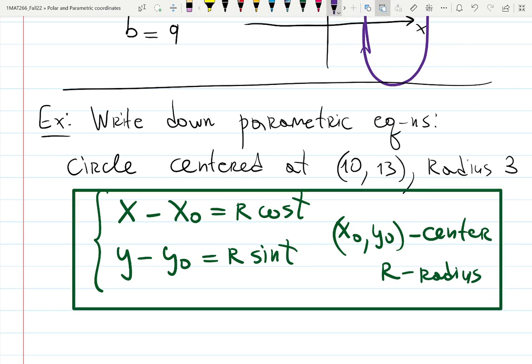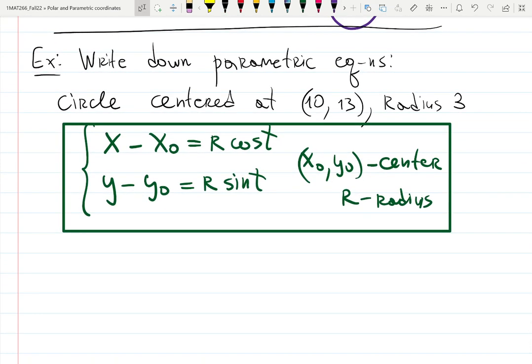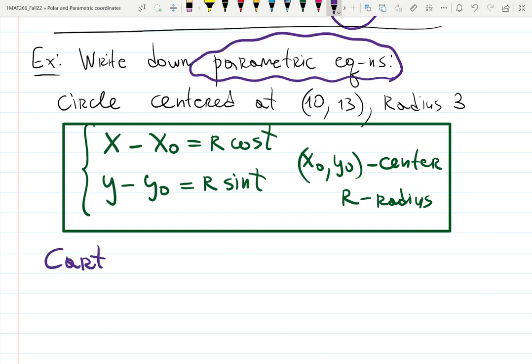And that takes us to the definition of the parametric equations. So what should I write down for the circle they're asking me? Parametric equations is a system. Write down parametric equations, not the Cartesian. For the Cartesian equation, we know how it will look.